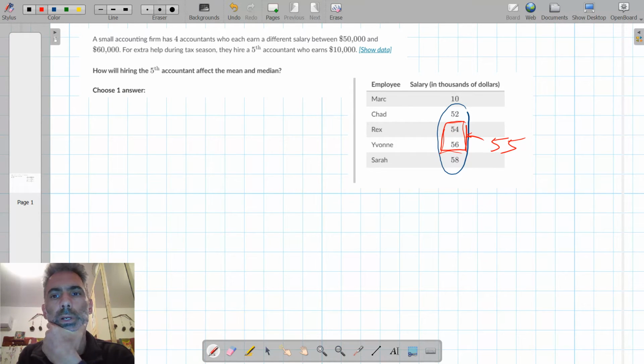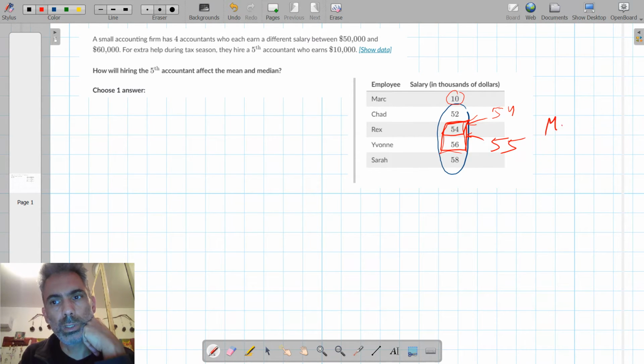And when we add Mark with a salary of 10,000, we now see that the median becomes this data point, which is 54. So the median has decreased by 1 from 55 to 54. This is the change in the median.